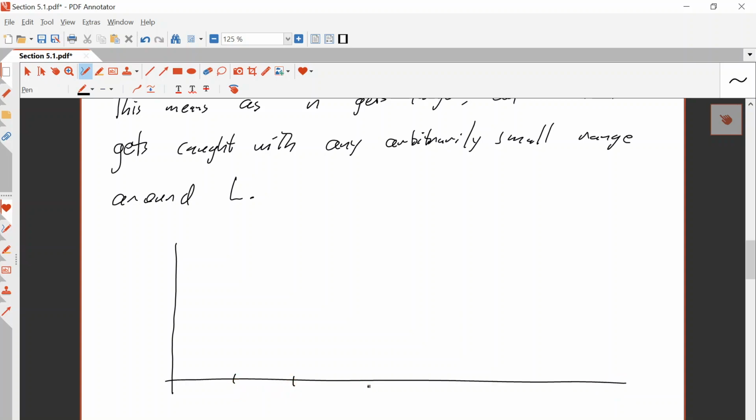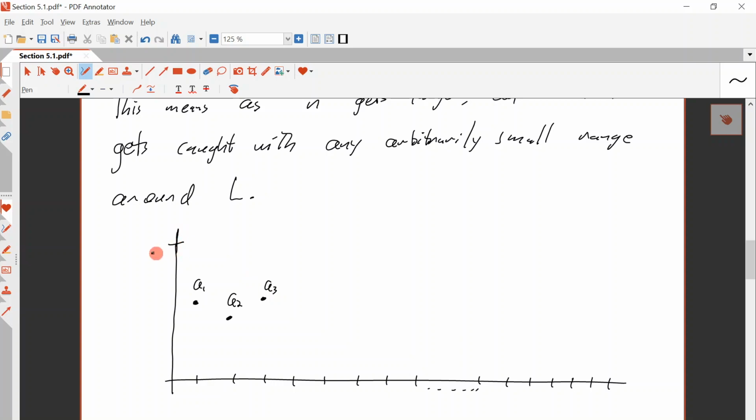So 1, 2, 3, 4, let's make it a little finer, and so on and so forth. Here's a_1, and then you've got a_2, and maybe a_3 is over here.